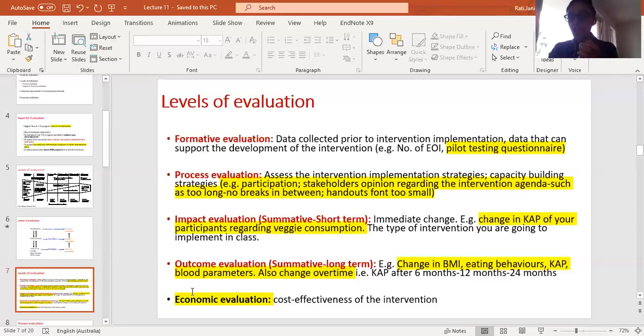For instance, when you are advertising your study to invite participants, you want to see how many people have liked your study on Facebook or any other media which you have used, how many expressions of interest have come. For example, people calling you and asking, can you tell me a bit more about your study?